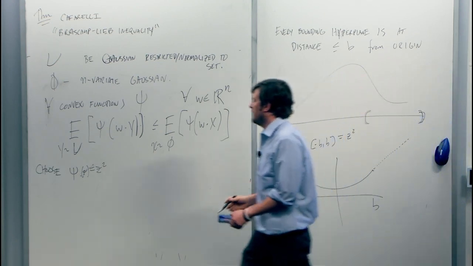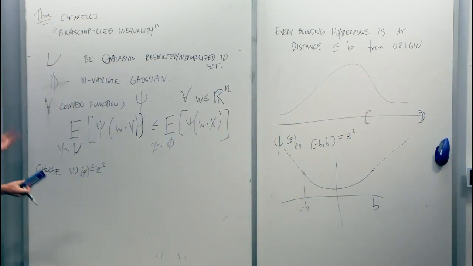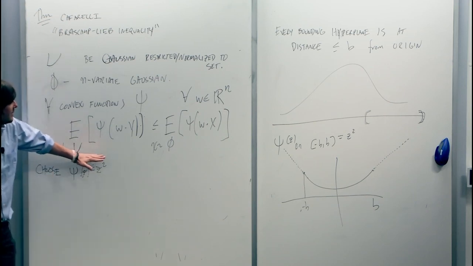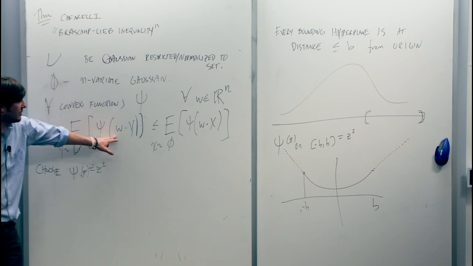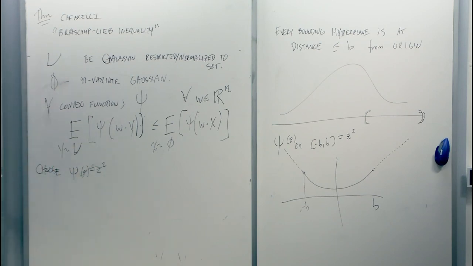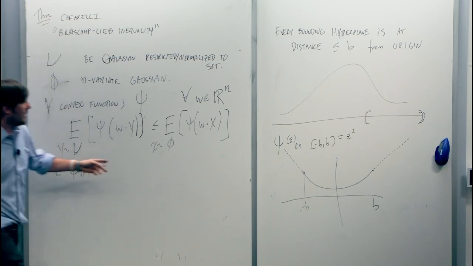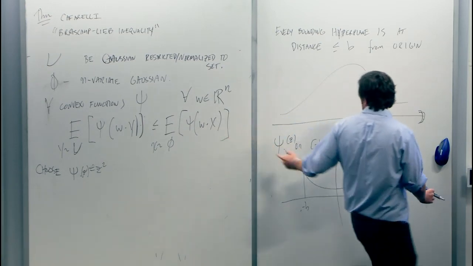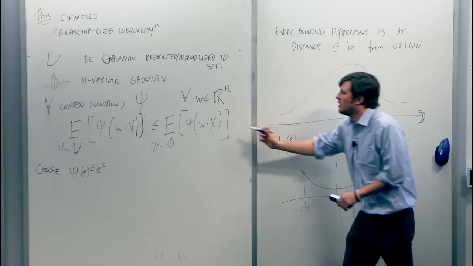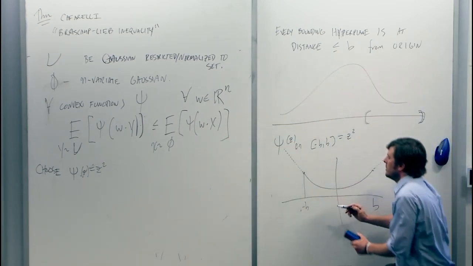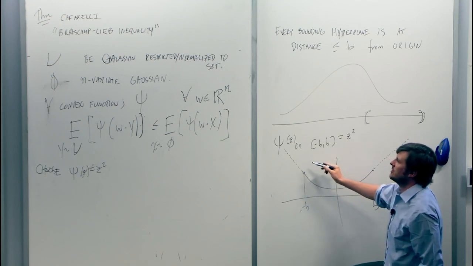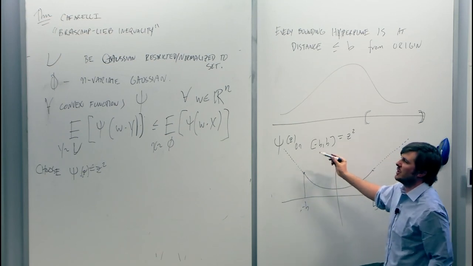What I wanted to claim, and we can talk more about it afterwards, is that when you choose this psi, on the left-hand side of this equation you get exactly the variance in direction w of this distribution restricted to the positive examples of the convex set. On the right-hand side, remember that integrating just x squared with respect to the Gaussian gives 1.